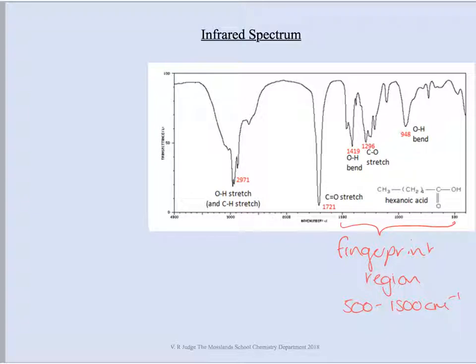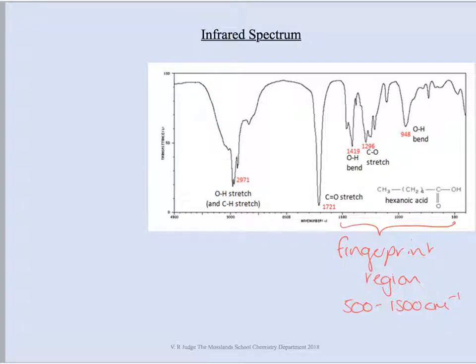So if you're asked about confirming that it is something that you thought it was, your answer is pretty much always you would check the fingerprint region. So this region here is a series of peaks that are unique to that compound, like a fingerprint. So you would check the fingerprint region, and then you also need to say, and you would compare it to known spectra.